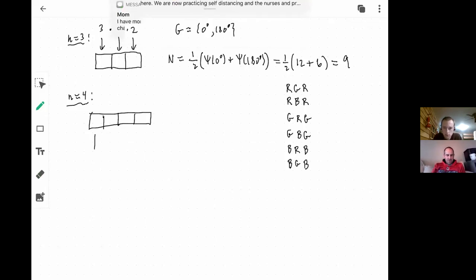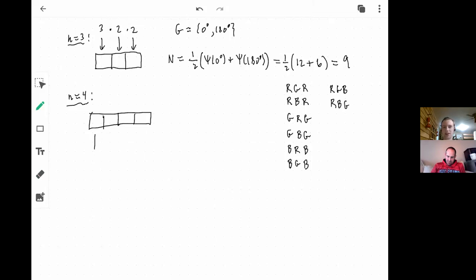Now, what about other things? You think of other things? Things that aren't equivalent under 180-degree rotation, but that do give you something new. Okay. Yeah. We could have any distinct sequence like red, green, blue. We could have like blue, green, red.